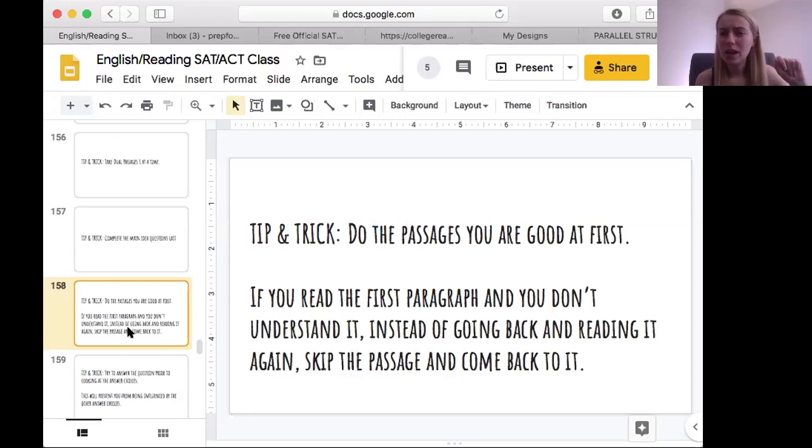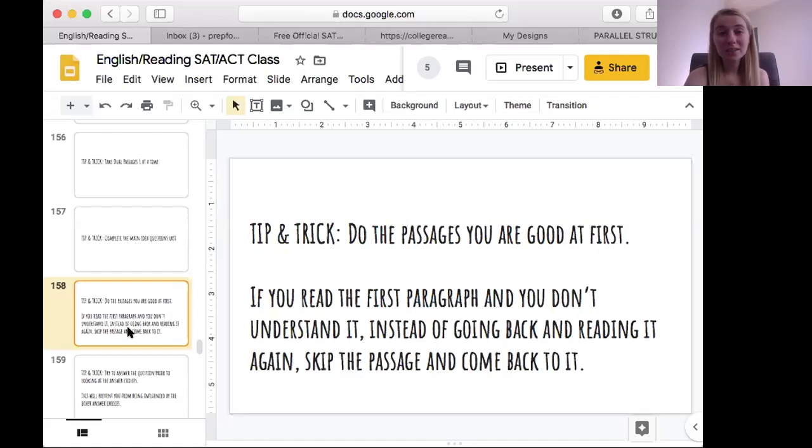So if you know that old English passages are your downfall, then when it says, oh, this passage written in 1805 or 1702, now you know that if it's written in the 1700s or 1800s, that's going to be a hard passage because it's probably going to be in that old English. Granted, it's kind of assuming, but it's a pretty good assumption if you've practiced those passages and you already know that those are the difficult passages for you.